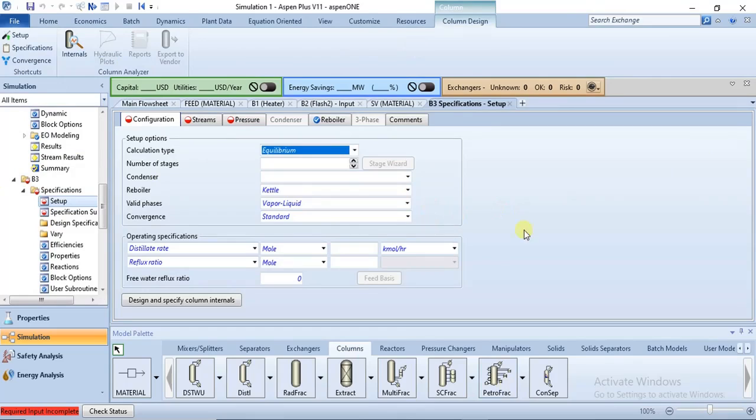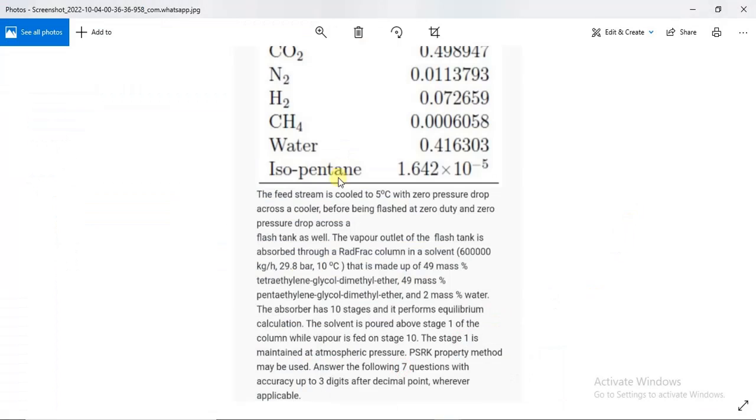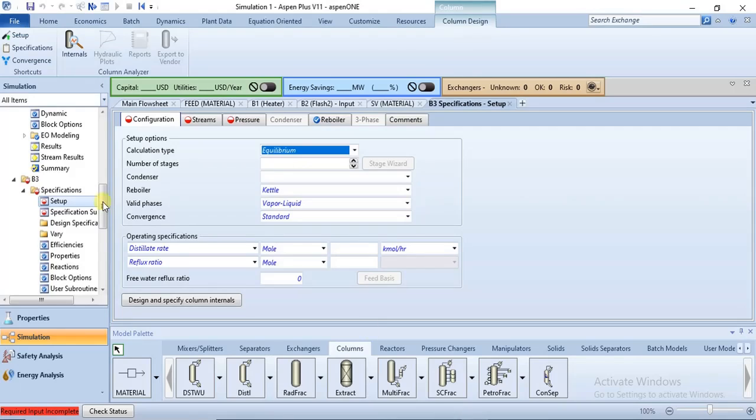Now here we are going to be making use of the information given in the problem statement. We have that the absorber has 10 stages and it performs equilibrium calculation. So the calculation type is equilibrium, so we don't need to change it. Number of stages is 10.